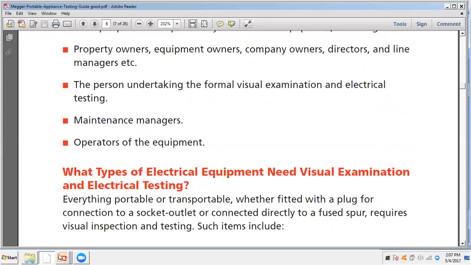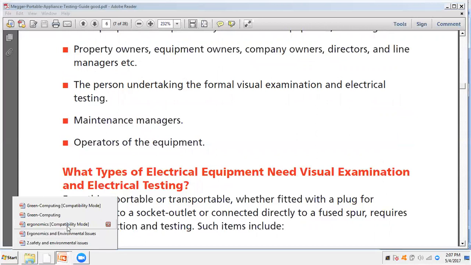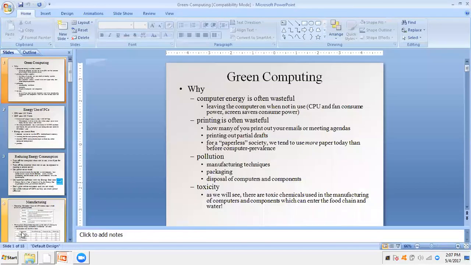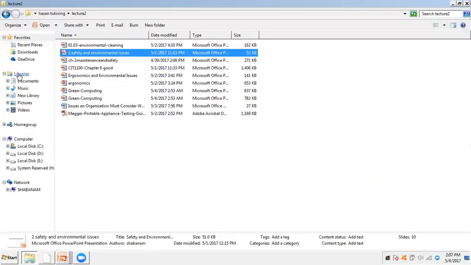Next, we will see green computing. Green computing is one topic in your syllabus.